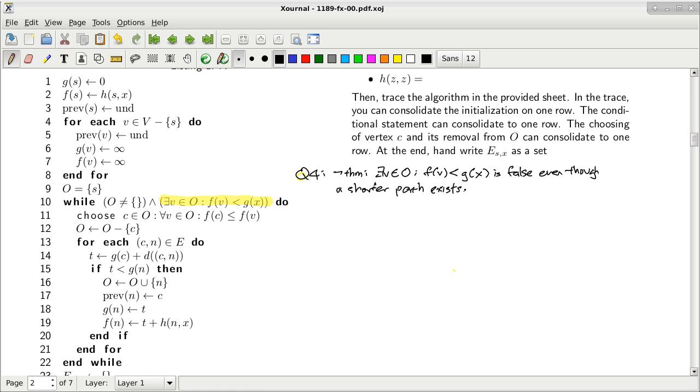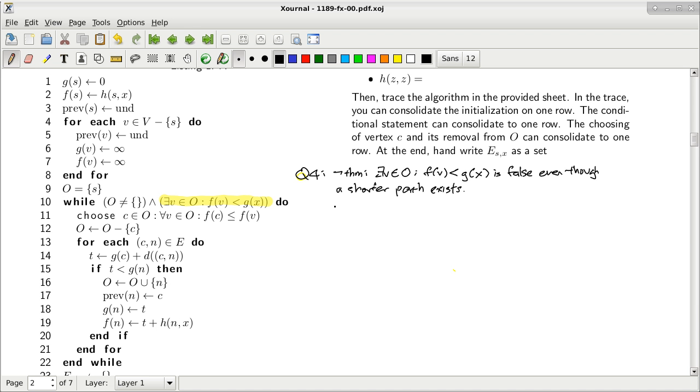That's the negation of the theorem, because the theorem originally said if this condition is false, then there should be no shorter path anymore. So the negation of the theorem is to say even though this condition is false, a shorter path still exists. Okay, so let's see what this is going to lead us to.